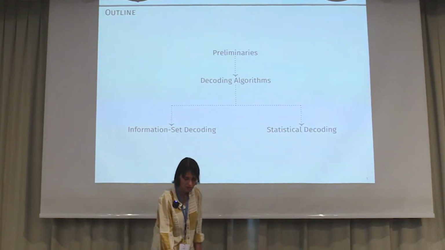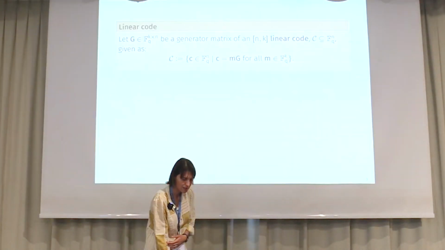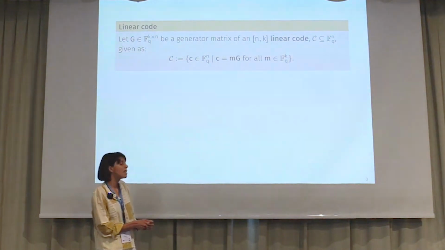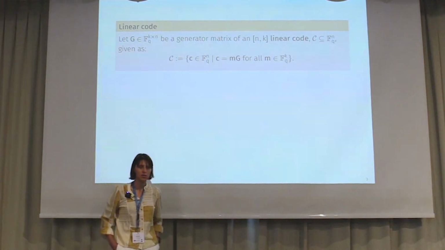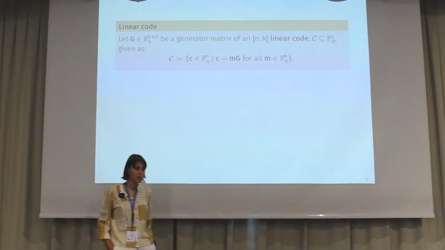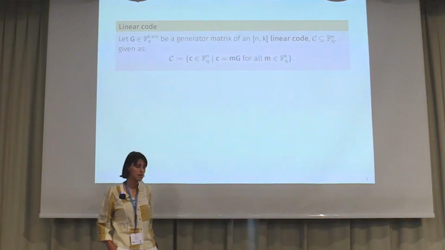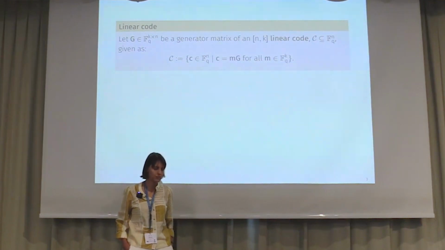Okay. So let's start with first recalling what we talked about yesterday. I would like to start with the definition of the linear code. Yesterday we saw that we can define the linear code using the generator matrix G, some matrix of size k times n, with entries from the finite field of size q.